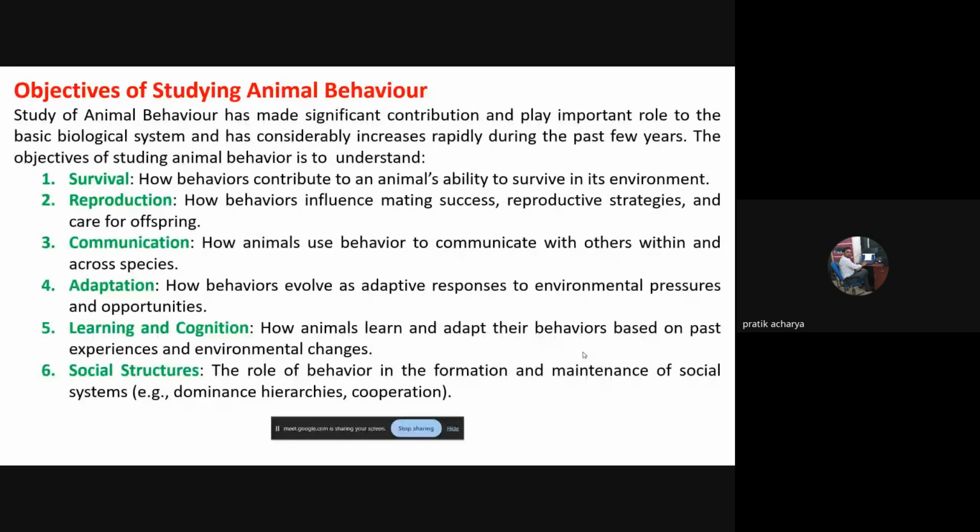The third objective is communication. Behavior is essential to communicate with other organisms, because communication is essential for many aspects.